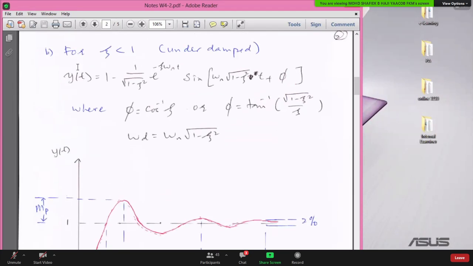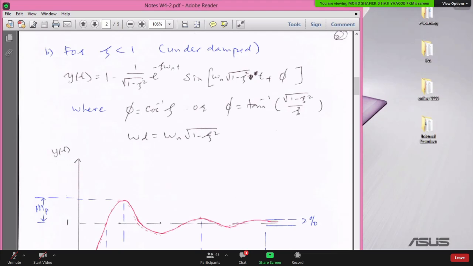So when zeta is less than 1, we have talked about this. You need to go back to our notes. This is just an exponential function multiplied by some sine function, where everything is defined here. Phi here is called the phase shift, and you can compute it by arc cosine of zeta or arctangent of this expression.